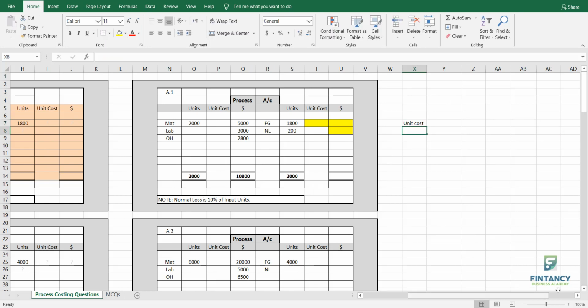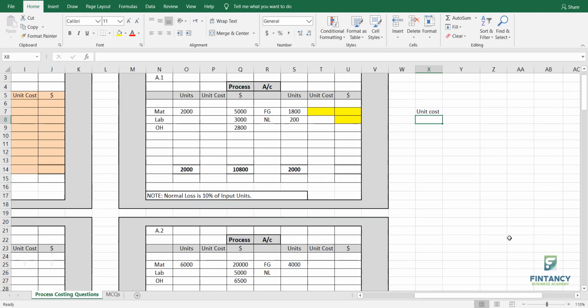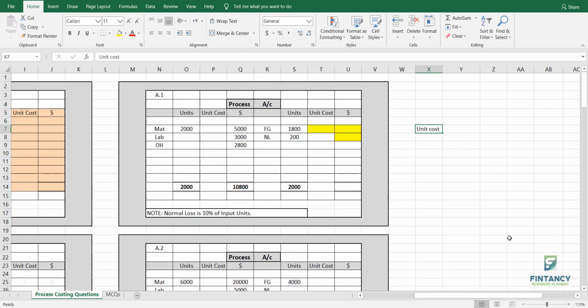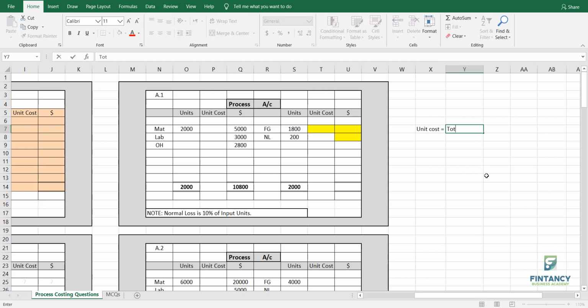Unit cost is equal to total cost incurred divided by expected output. Getting it? Total cost incurred divided by expected output.